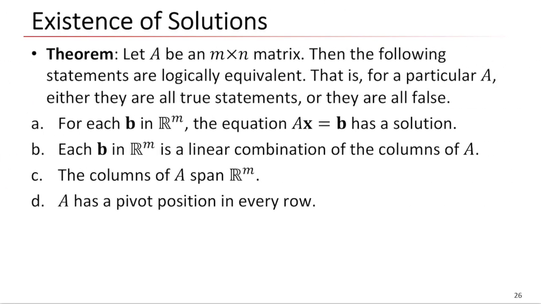Here is one more theorem. Let's say matrix A is an m by n matrix. Then the following statements are logically equivalent. What does that mean? These four statements should be all true or all false.